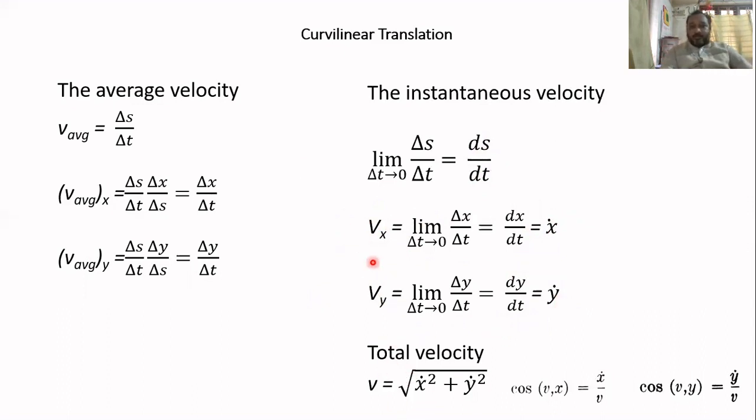The total velocity is the vector sum of the components Vx plus Vy, so V is equal to the root of x dot squared plus y dot squared, or Vx squared plus Vy squared. These are the direction cosines, that is, the cosine of this angle gives the direction of velocity, and the x component of velocity is in the horizontal direction.